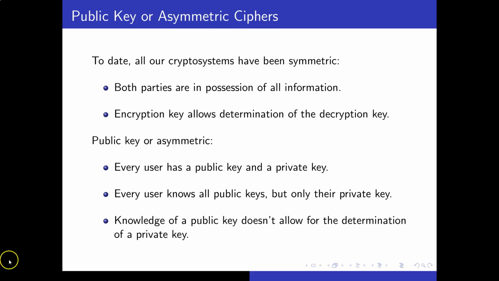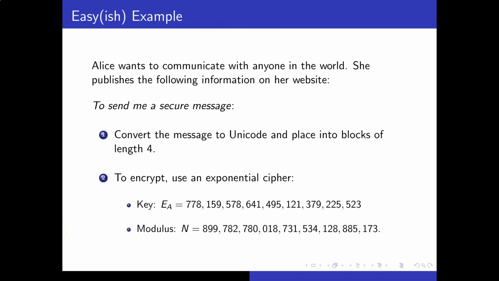All right, so as a first example, let's say Alice wants to be able to have anyone in the world communicate with her privately. So she puts up onto her website the following information. If you want to contact her, you're going to take your message, convert it to Unicode, put it into blocks of length 4, just like we did for the exponential cipher.